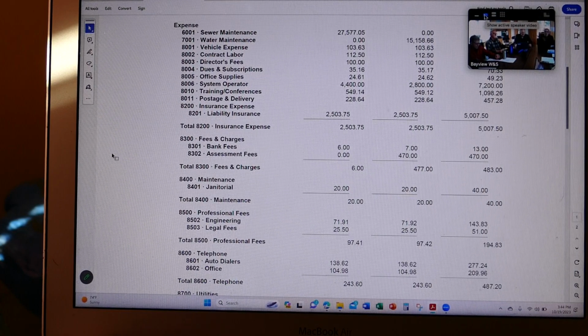And then repairs and maintenance, which we're going to talk about a little bit later on in this agenda, for septic repairs was about $15,480. And then locates this month were about $1,086.